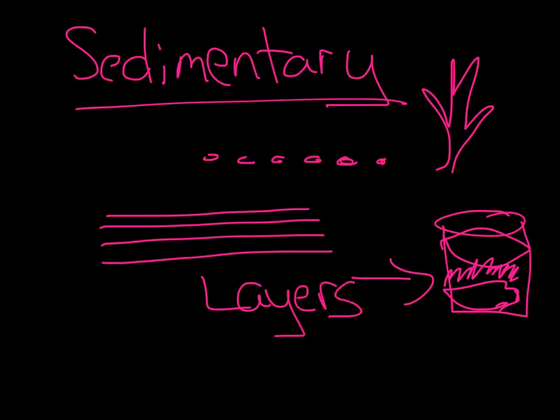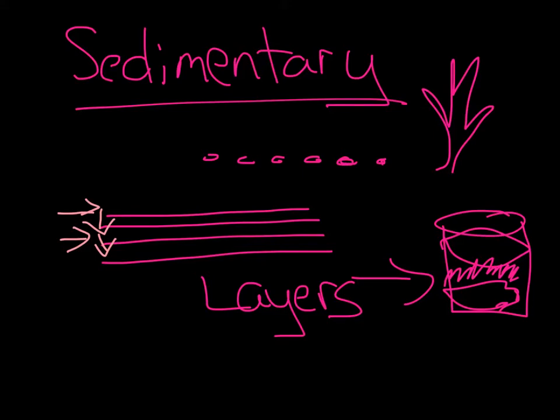Within these layers, you're going to get different types of rock getting pressed together. The top layer is going to press down on the next layer, and the next layer up is going to press down on that layer, and that's where you get overlying layers that apply pressure. They're going to press down into the sediments underneath, and that's what's going to cause those rocks to be cemented together.